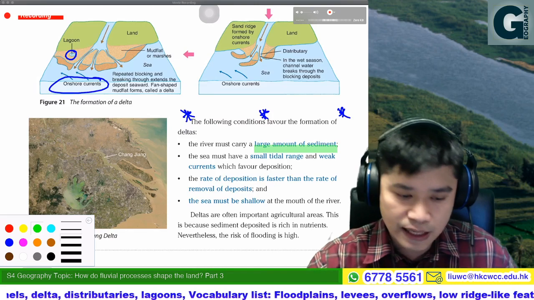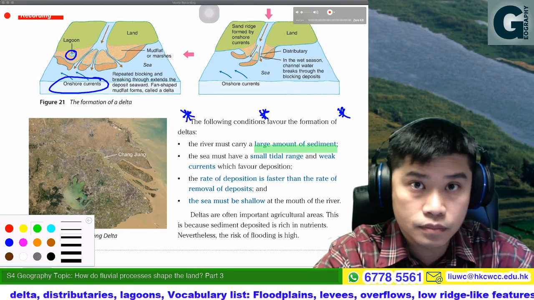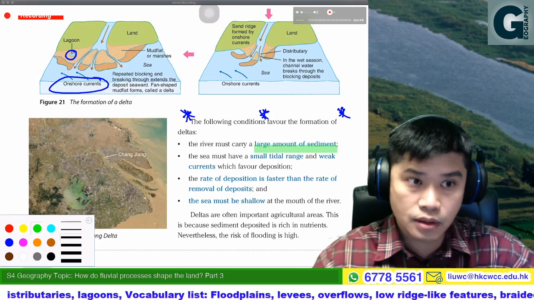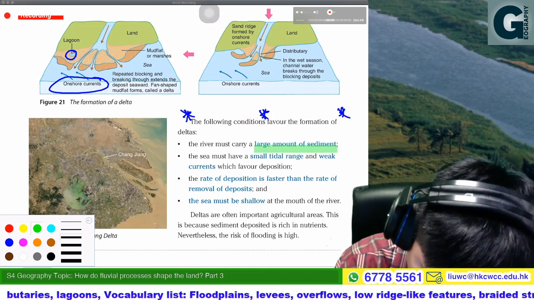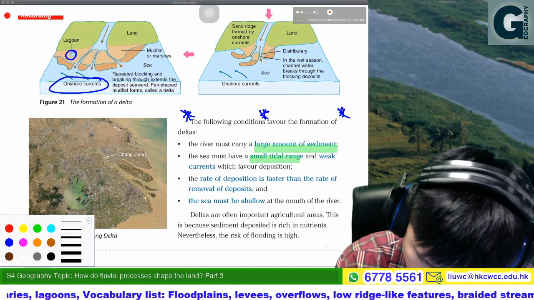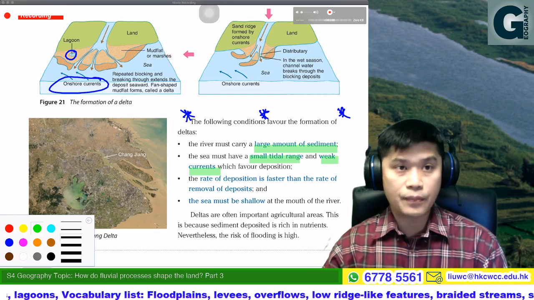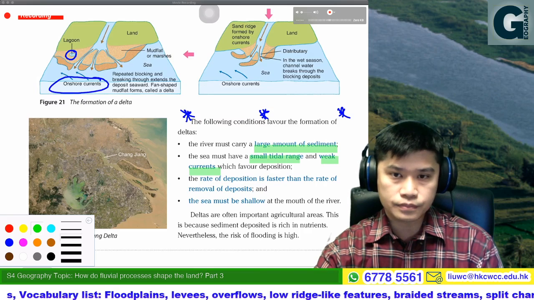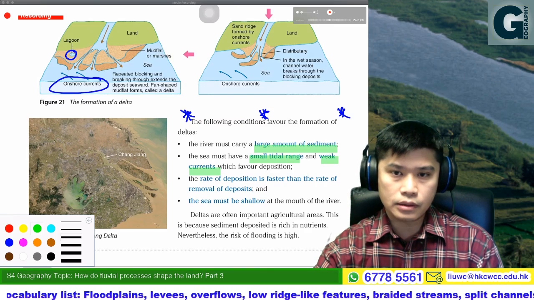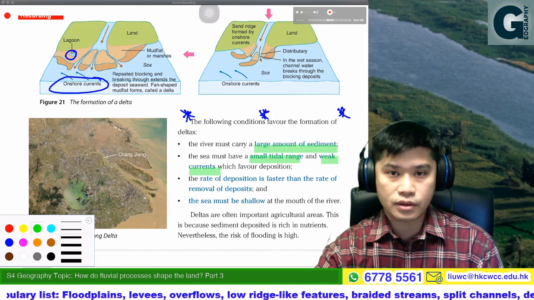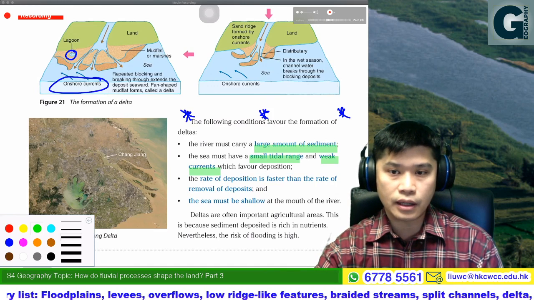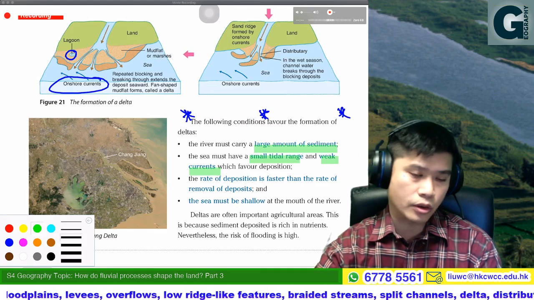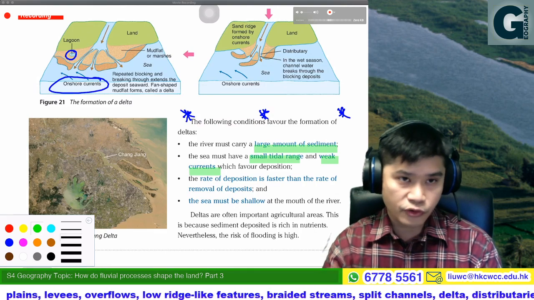Okay, the second one. The sea must have a small tidal range and weak current, which favor deposition. So this one is related to the characteristic of the wave. 呢個係睇翻海岸嗰個嘅條件.